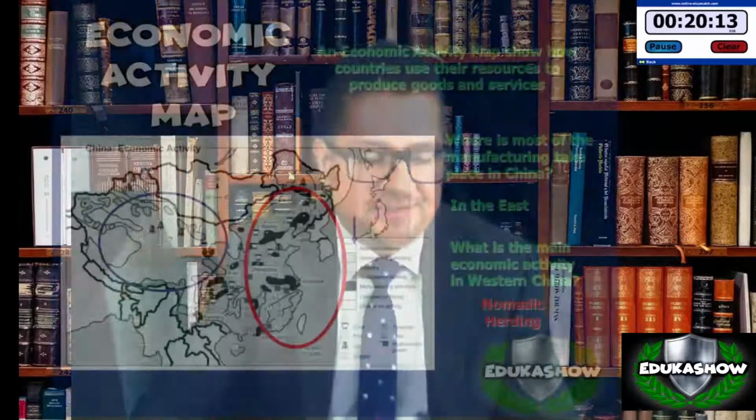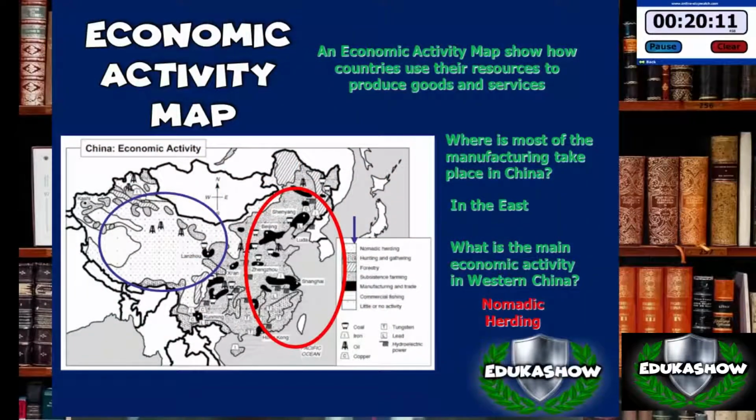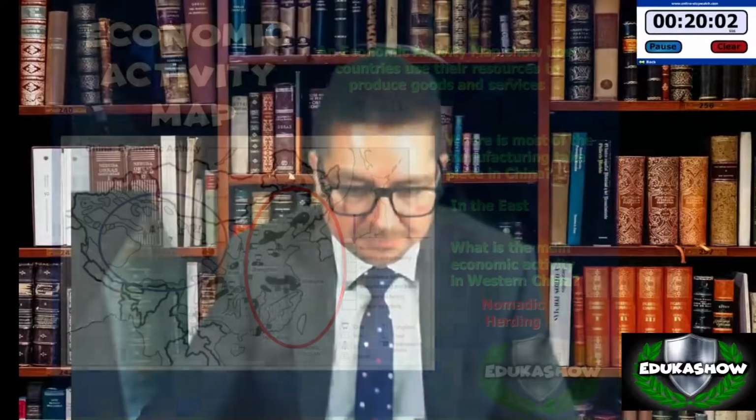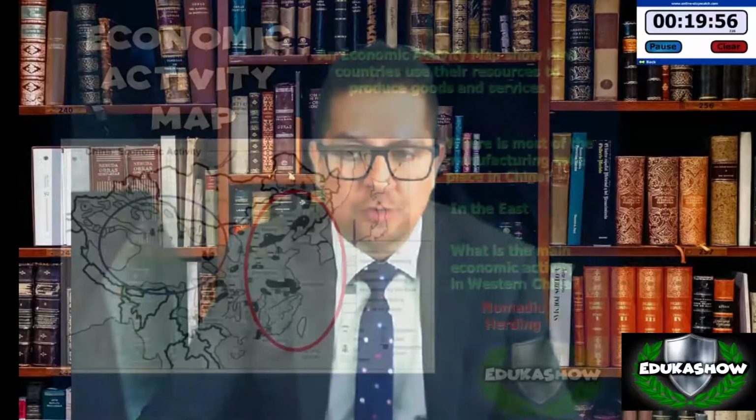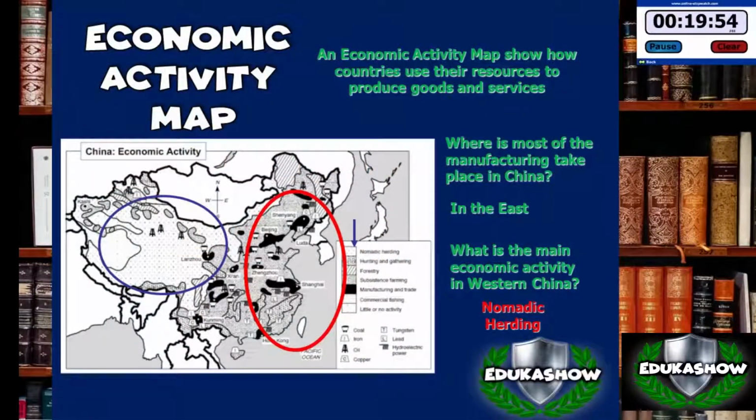In our next slide number 22, we've got the economic activity map. So look at the map for a moment, and you're looking at China. That is, of course, the map of China. An economic activity map shows how countries use their resources to produce goods and services.